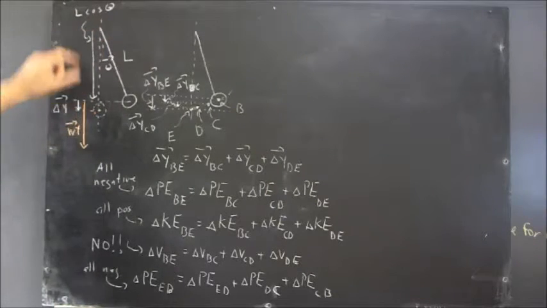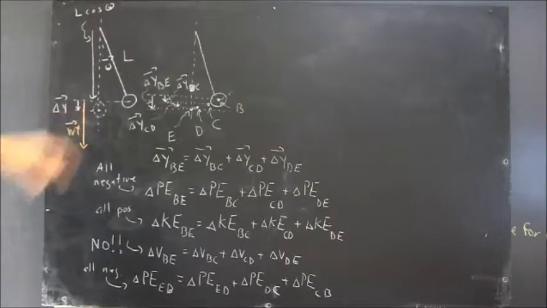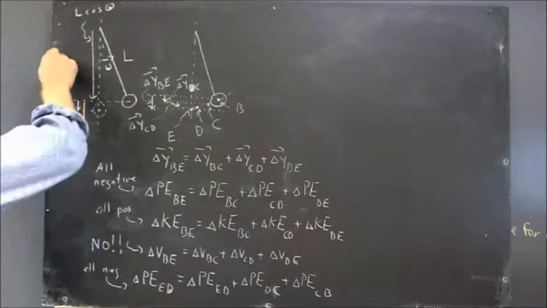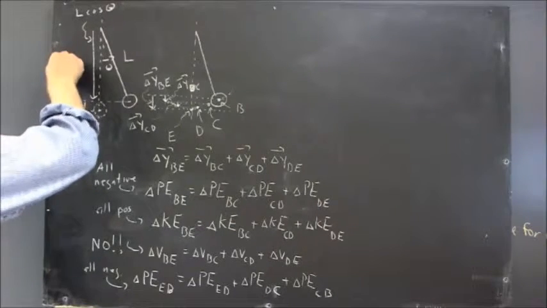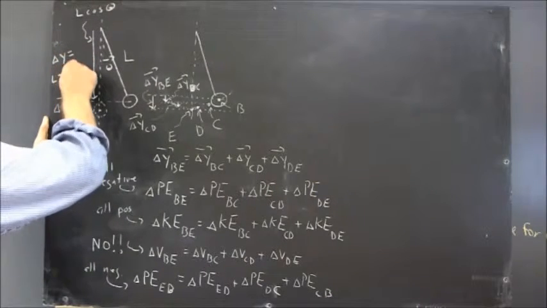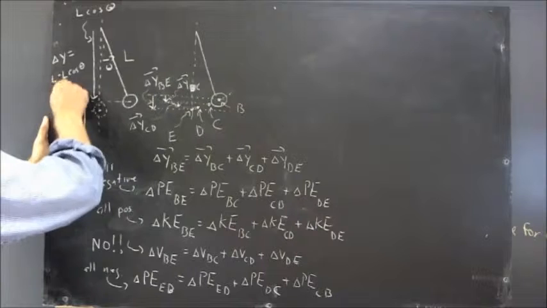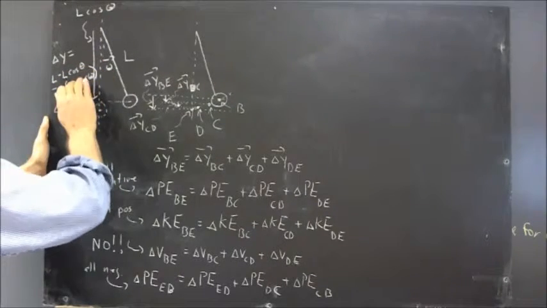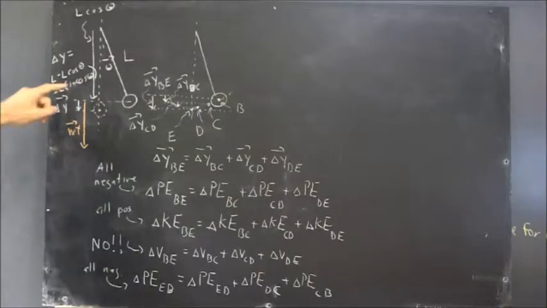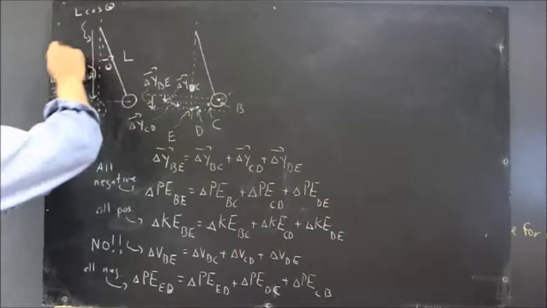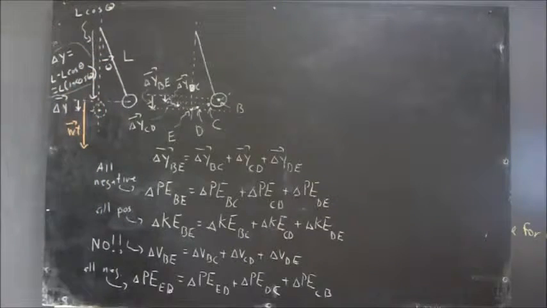And if you subtract that from L, which is the distance from here down to here, I don't have room to write that in, but the delta y, I have to write it pretty small, but hopefully you can see this, is going to be L minus L cosine theta, which is L times 1 minus cosine theta. That's written pretty badly, but it's 1 minus cosine theta here. And that's the magnitude of your delta y.